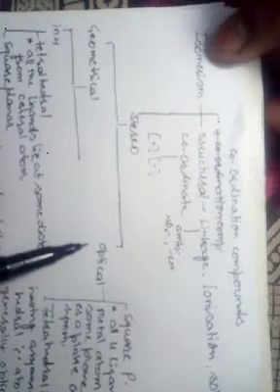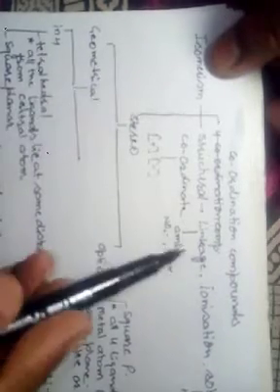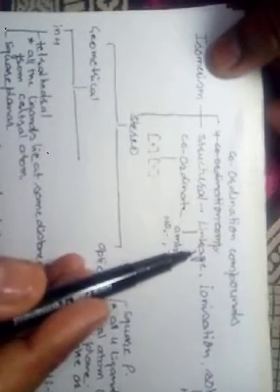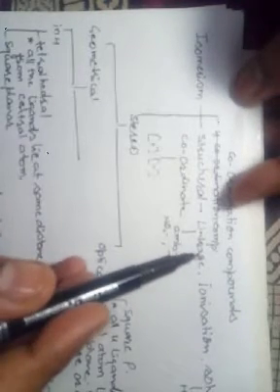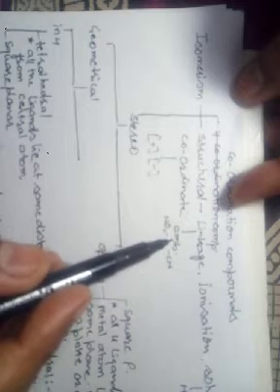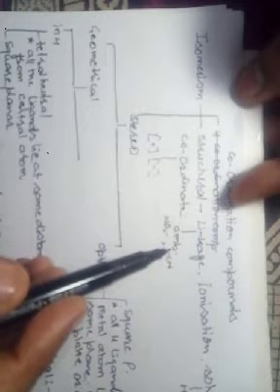Okay students, in isomerism the first is linkage isomerism. Compounds which have at least one ambident ligand will show linkage isomerism.